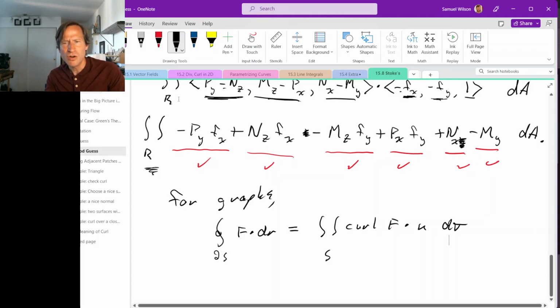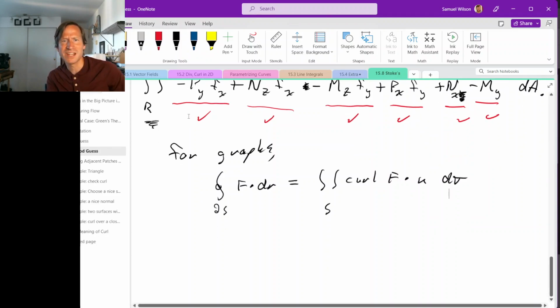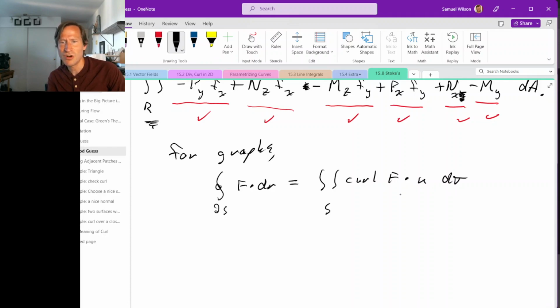Okay, but remember, we already convinced ourselves that if we've split a surface into pieces, we can put the integrals back together in a coherent way. So everything adds up correctly. So it's actually not just for graphs. It's actually for any surface where the boundary is piecewise smooth.